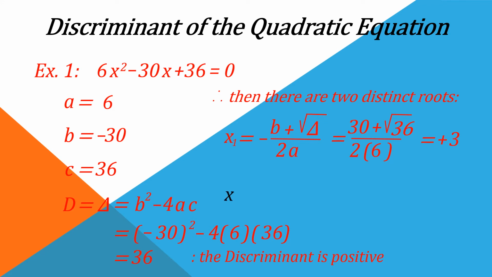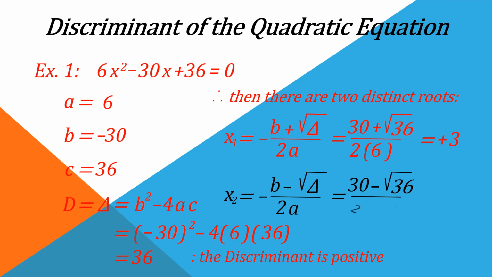Solving for x sub 2, it is equal to negative b minus square root of delta over 2a. Substitute the values, it is equal to 30 minus square root of 36 divided by 2 multiplied by 6, and simply it is equal to positive 2.